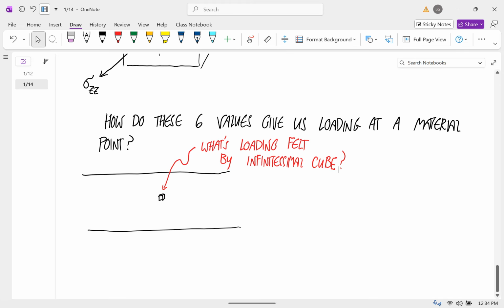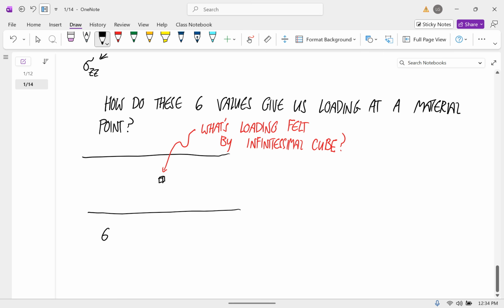Well, think back to statics. A cube has 6 faces. And each one of those faces makes a fixed joint with the surrounding material. Okay, so 6 faces, and each face makes a fixed or weld joint with the surrounding material.